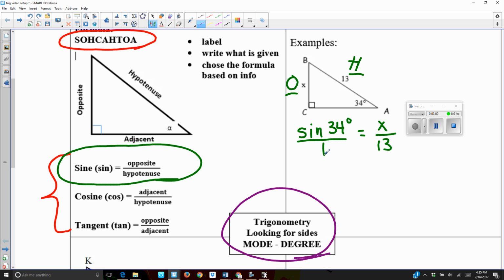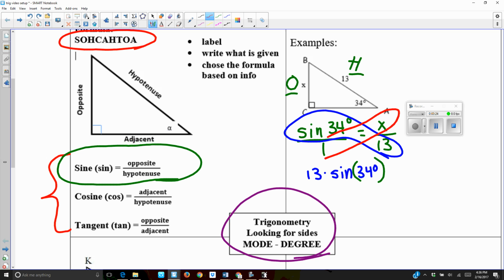And here you have a fraction equal to another fraction, so we can simply cross multiply to solve for x. So one cross product is going to be 13 times the sine of 34. Make sure in your calculator here that 34 degrees is in a closed parenthesis. And the other cross product is just 1 times x.